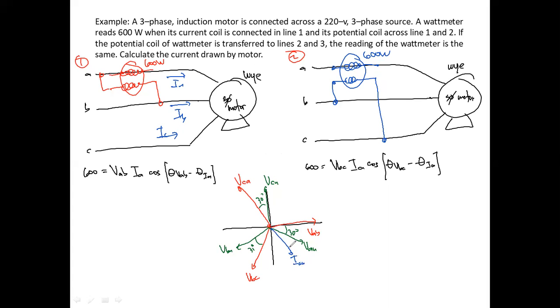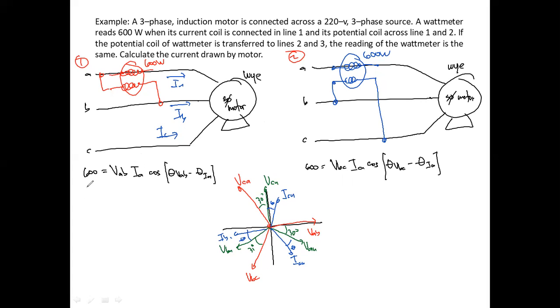So IAN lags by an angle of theta, ICN by an angle of theta, and also IBN by an angle of theta. Take note again, the power factor angle is the angle between VP and IP.